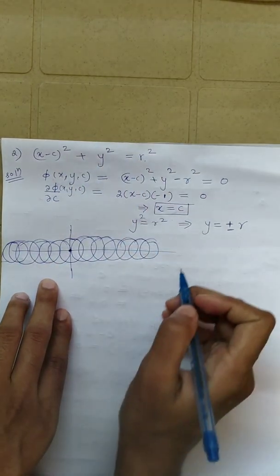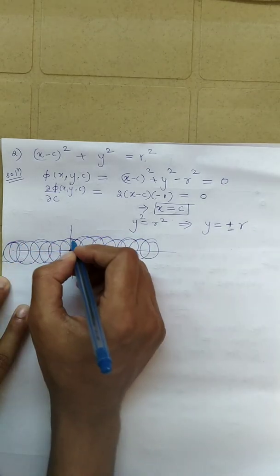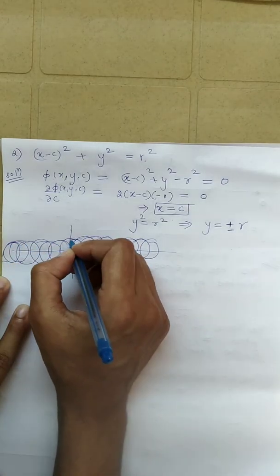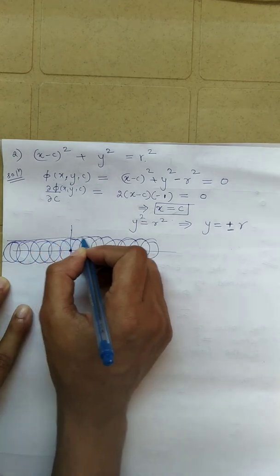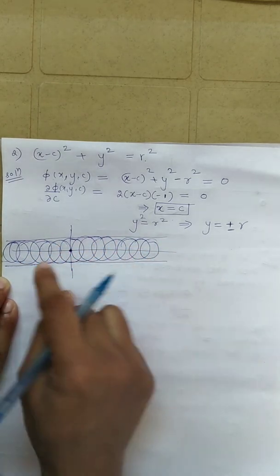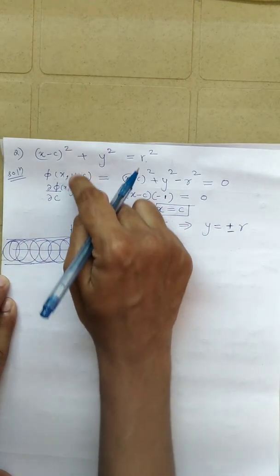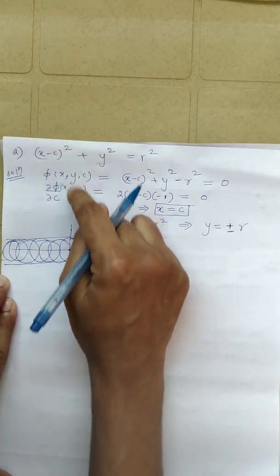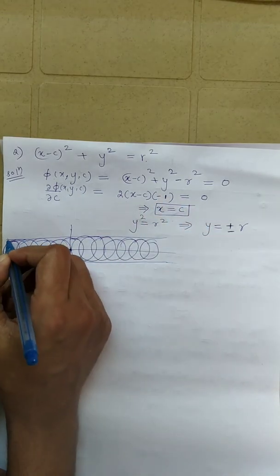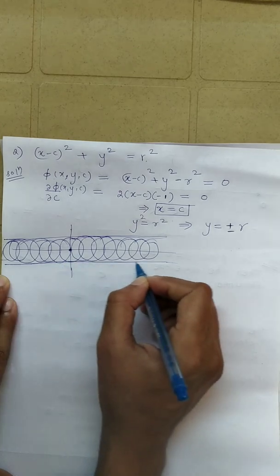Okay, so here we are getting exactly this. So this is the radius r, right? So it will be plus r and this will be minus r. So these are the two lines that we are getting after solving these two equations. Okay, and this is how we get the c discriminant.